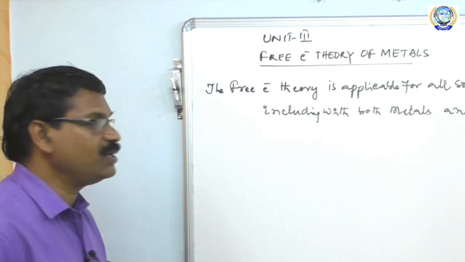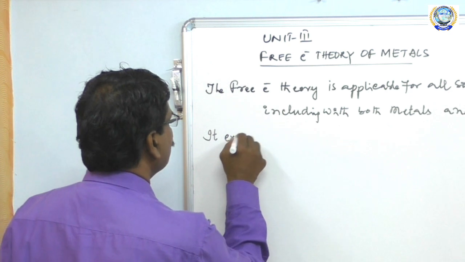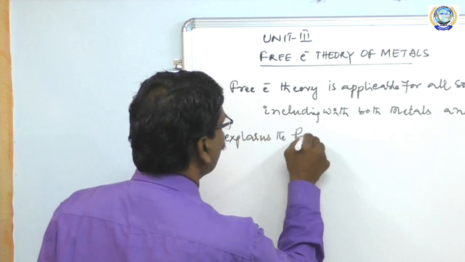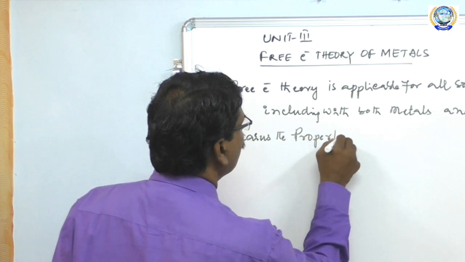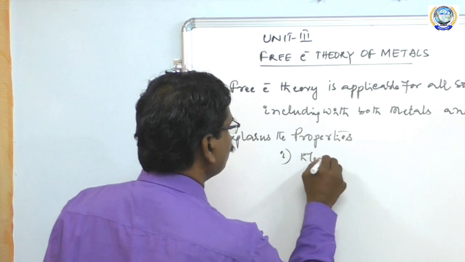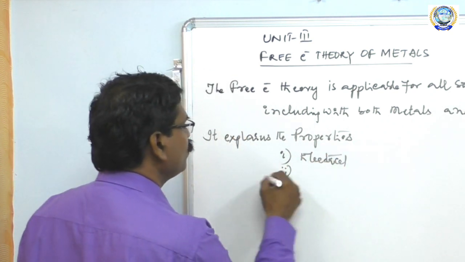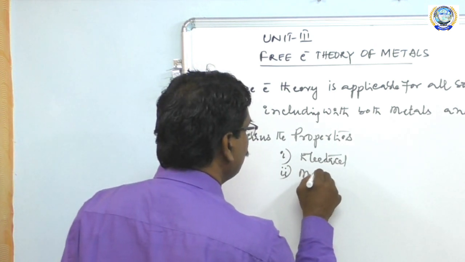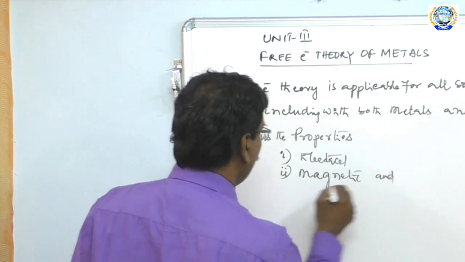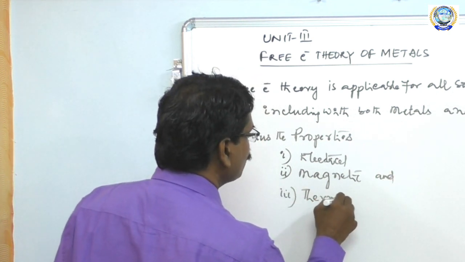It explains the properties of number 1, electrical, number 2, magnetic, and number 3, thermal properties.